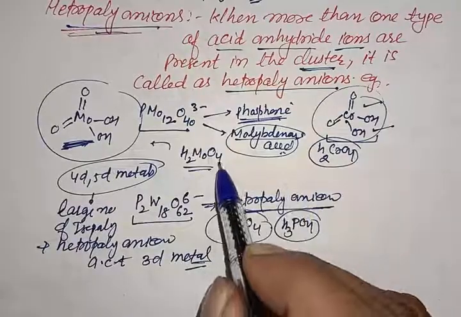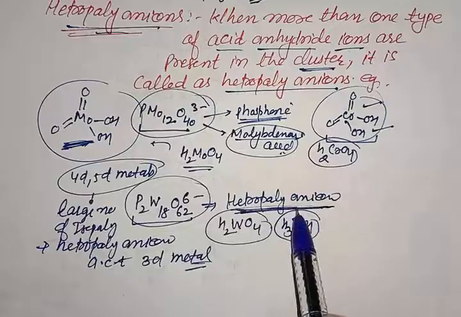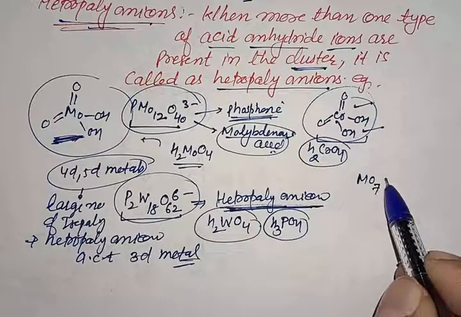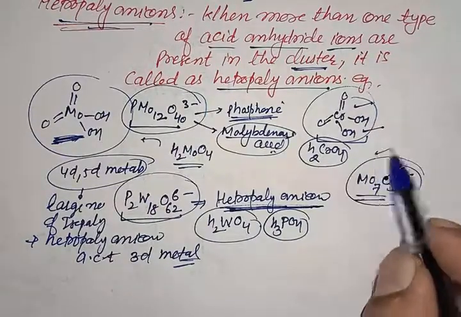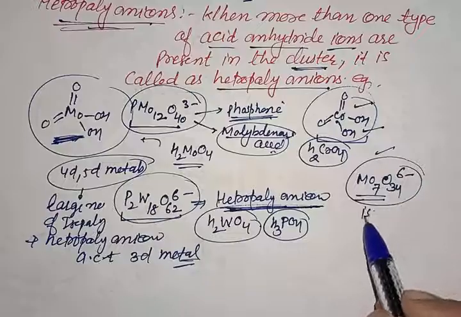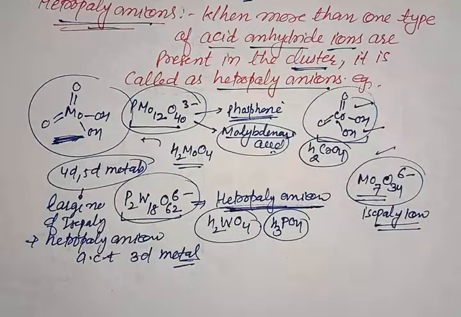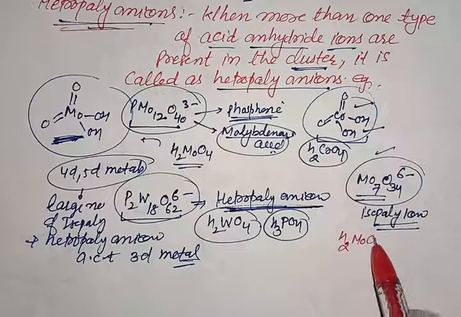These two examples are the case of heteropoly anions. Another example is the isopoly anion, that is Mo7O24 6 negative. This is an example of isopoly anions, because in this anion only one type of acid, that is molybdenic acid H2MoO4, is used.